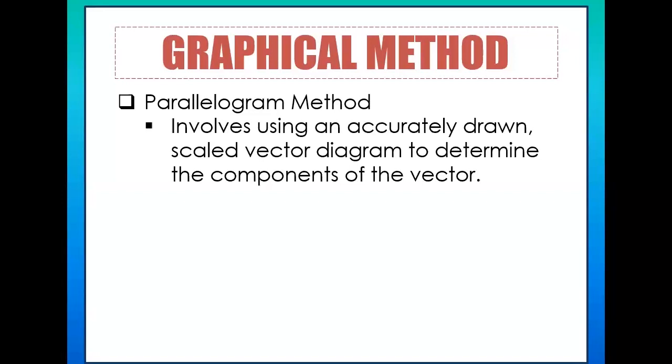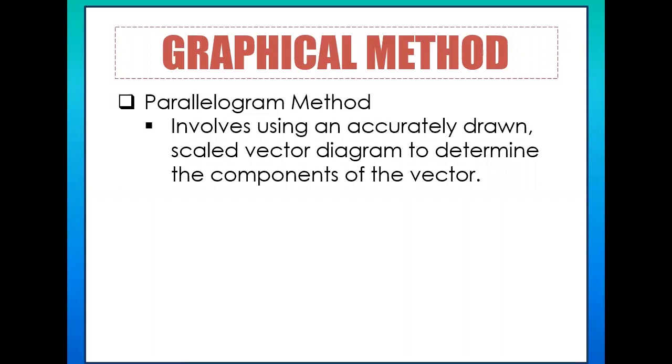Now, after that, we have to label the sides of the parallelogram. The variables that we have to use in order to properly label the sides of the parallelogram are x and y. You might wonder why we have to use x and y.